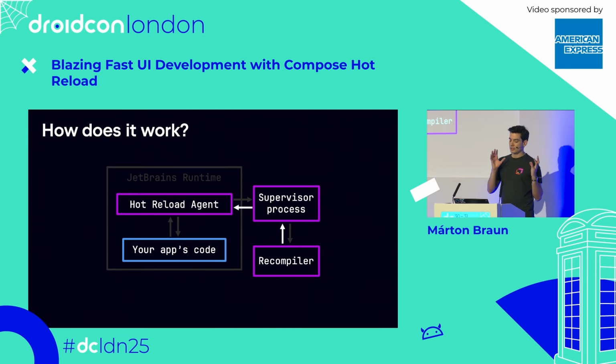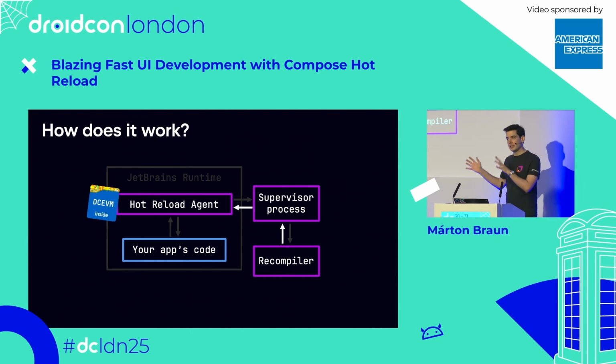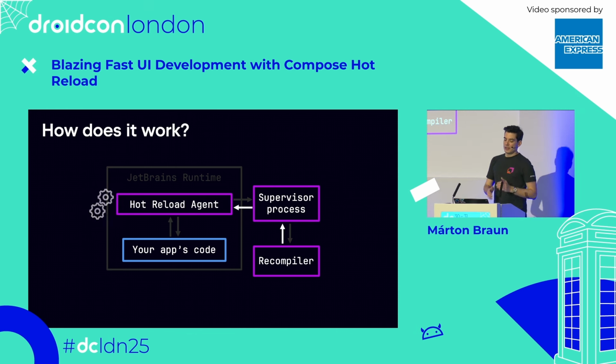Once your code is changed and recompilation happens, the results of that will be passed to the supervisor and then back to the hot reload agent, which will again use DCEVM and do this magic swapping of going from the old versions of classes to the new ones. Then we perform a lot of intelligent diffing here to figure out which parts of your UI were affected by those changes.